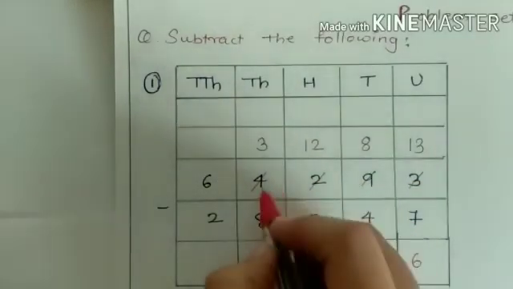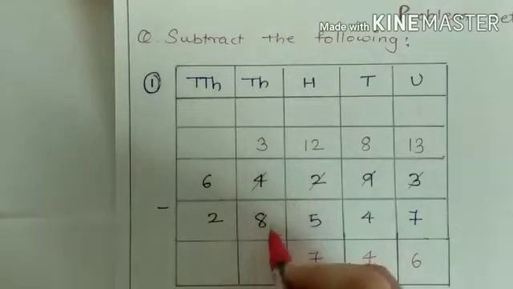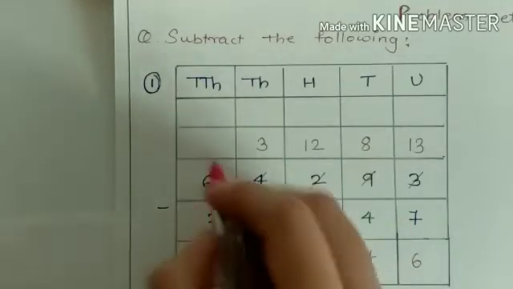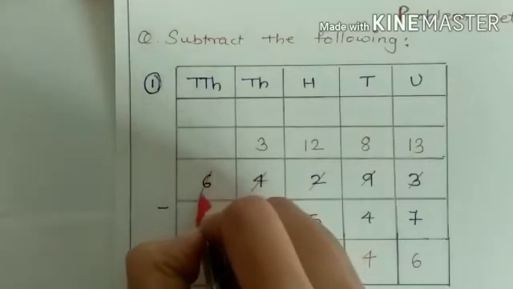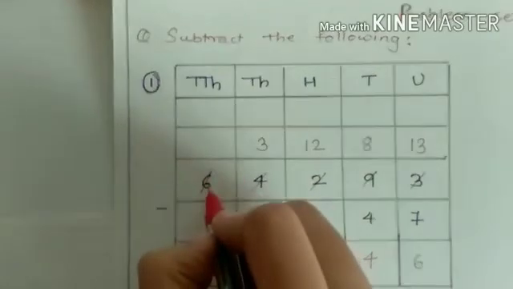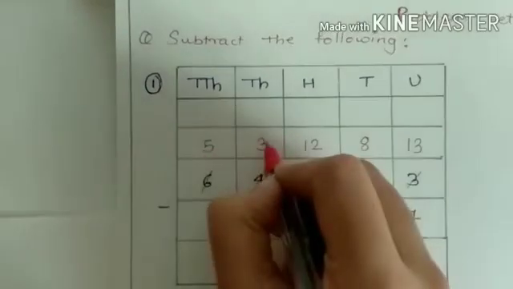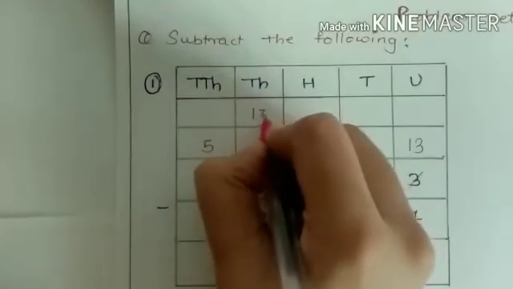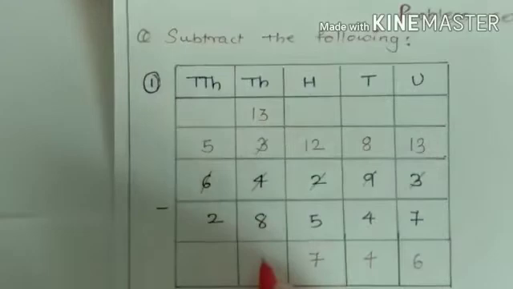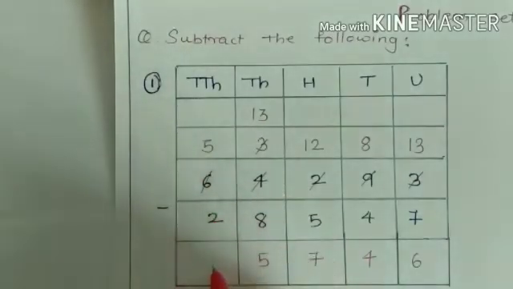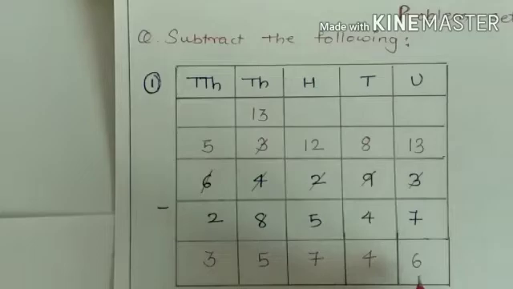Now coming to the thousands place, 3 minus 8, it is more than 3. Again we need to borrow from the 10,000s place. So at the 10,000s place, 6 becomes 5 and now at the thousands place we have 13. Well, 13 minus 8 is 5. Now lastly at the 10,000s place, 5 minus 2 is 3. So the answer is 35,746.